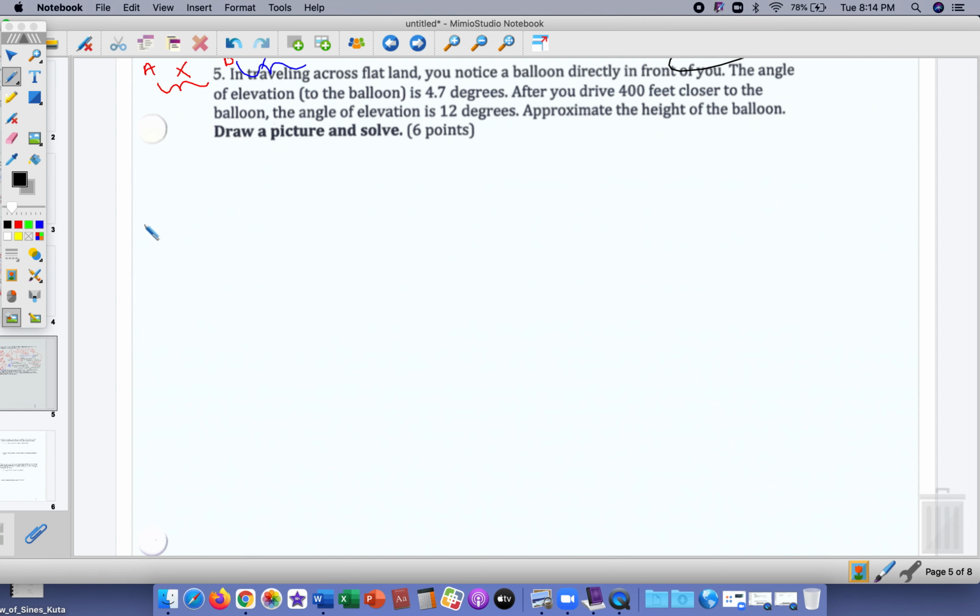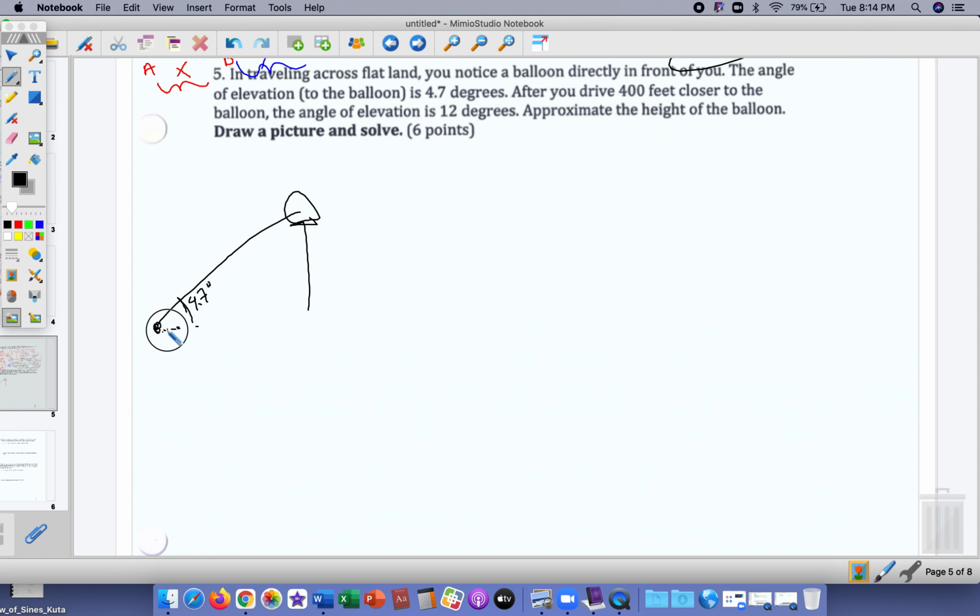So we notice a balloon directly in front of us. So here's a balloon. I'm hanging out here. This is where I am initially. And I notice that the angle of elevation is 4.7 degrees. So if I go straight away and my eyes swing up, then right in there, that's 4.7 degrees.